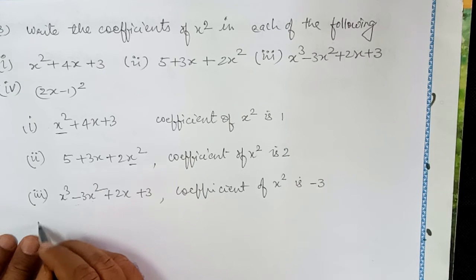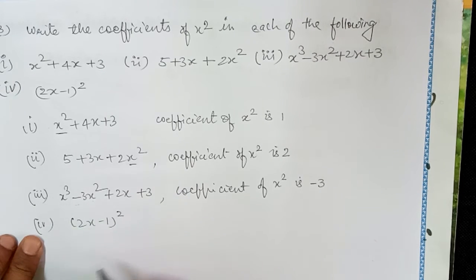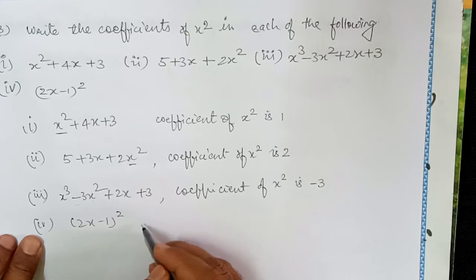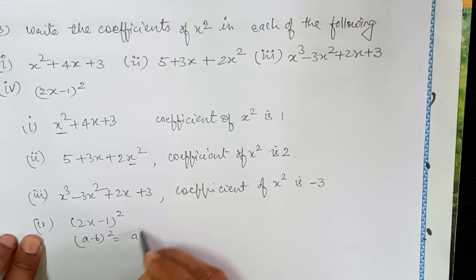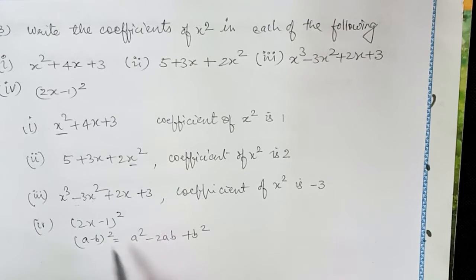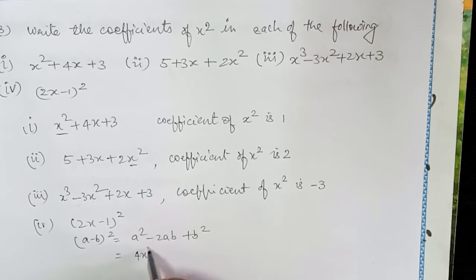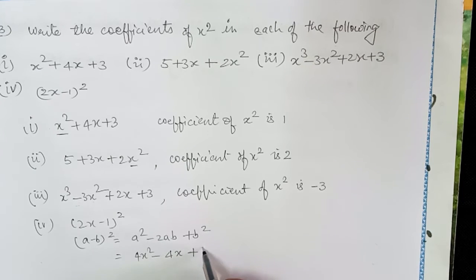Okay, now in the fourth question it is given to us: 2x minus 1 whole square. Now it is in the form of an identity, and we know the identity (a minus b) whole square equals a square minus 2ab plus b square. So here we can write it in this form: 4x square minus 4x plus 1.